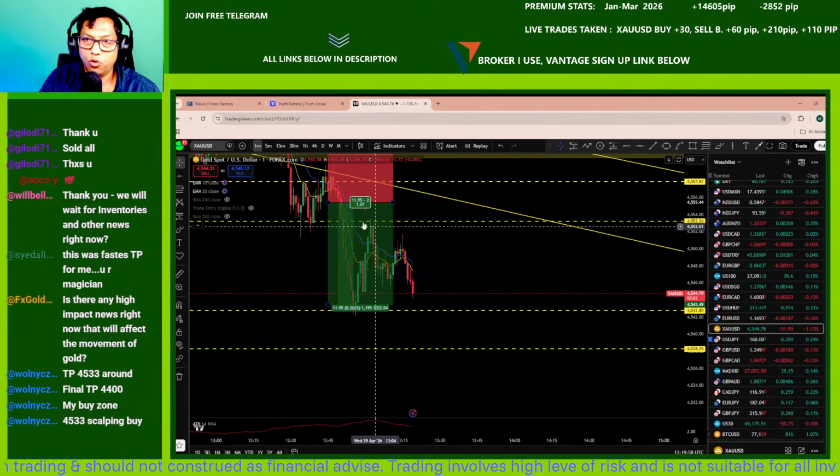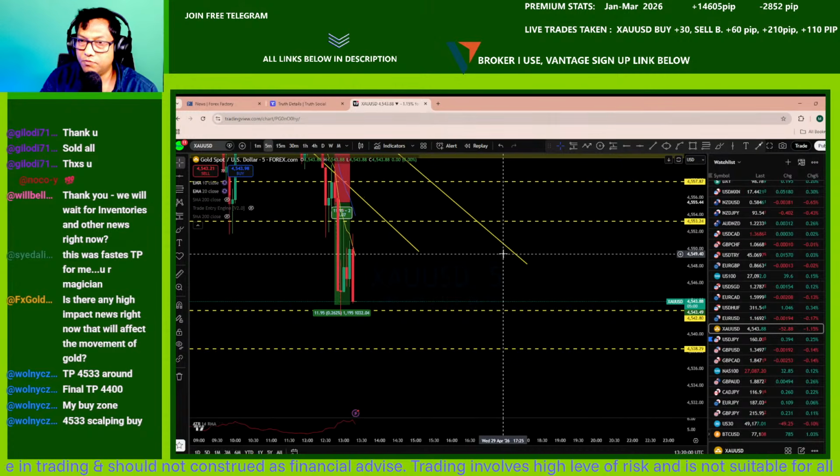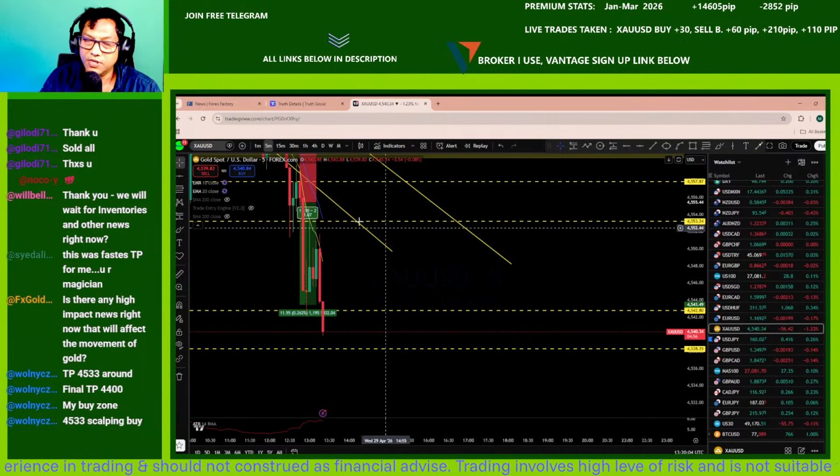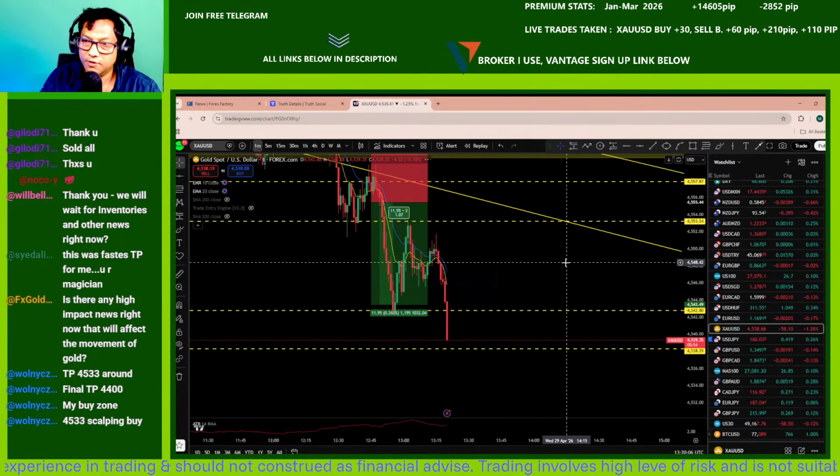I'm waiting for more confirmation here. This is the 5 minutes candle close, that you can see, and it's maintaining that move.